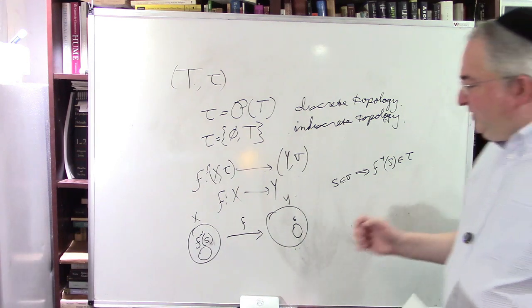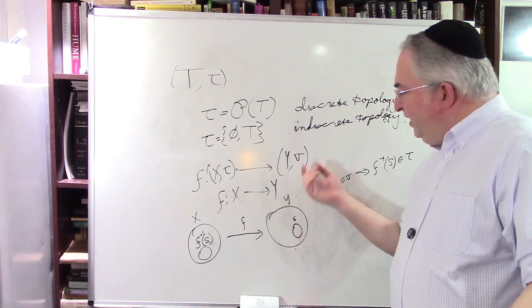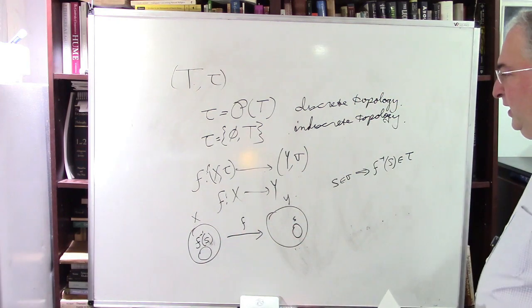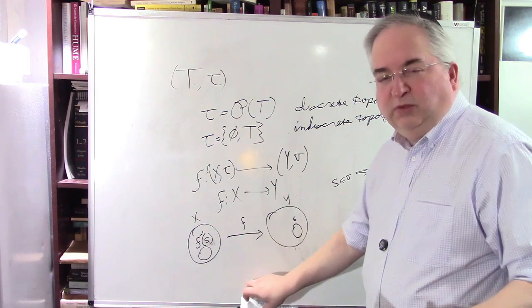So what this says is that the pullback, the pre-image of any open set here is an open set there. And such a map is called a continuous map.